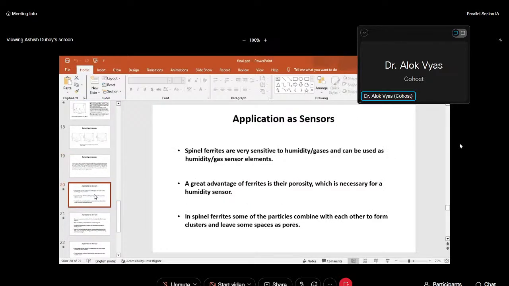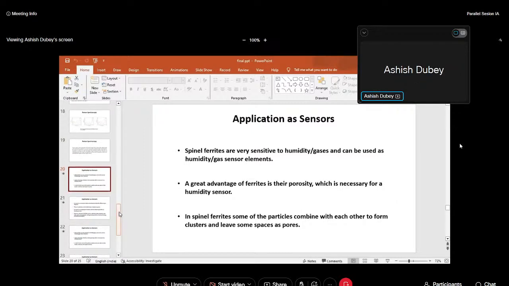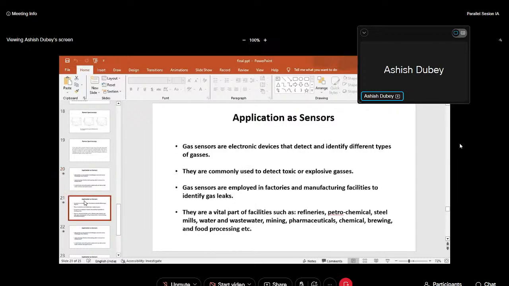Yes, sir. So we are basically studying this material for its application as sensors, for preparing sensor devices. This material is very useful for sensor applications because it has pores in it. What happens when the material is placed in an environment of a particular gas, let's say carbon dioxide or carbon monoxide?